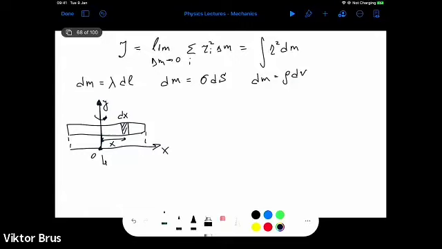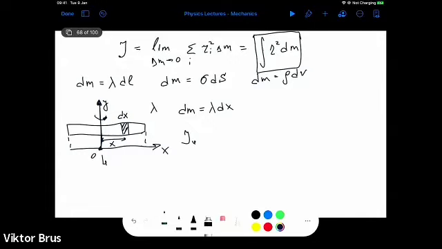So we have linear mass density, lambda. That's why we can write that the mass of this small part of the rod, dx, is equal to the product lambda dx. dm is equal to lambda dx. Now we need to use this equation for the moment of inertia of distributed rigid bodies and try to calculate it.